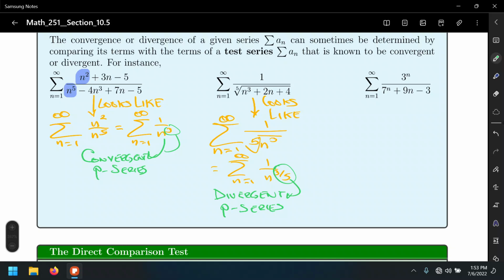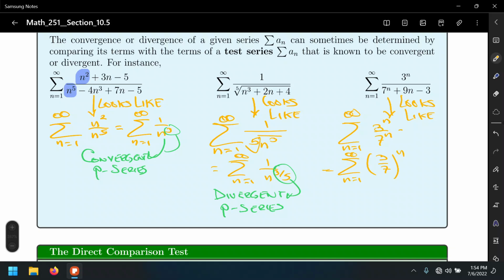So in this case, we can say that this looks like sigma n equals 1 to infinity of 3 to the n over 7 to the n, which is the same as the sum of (3/7) to the n power.